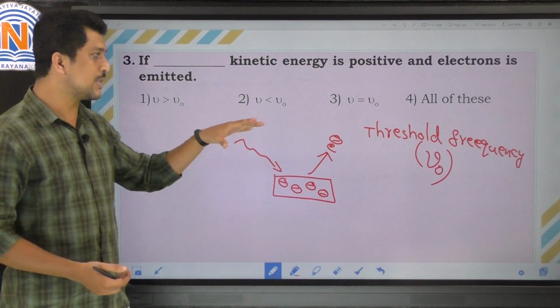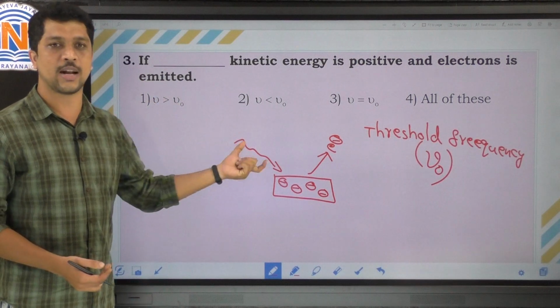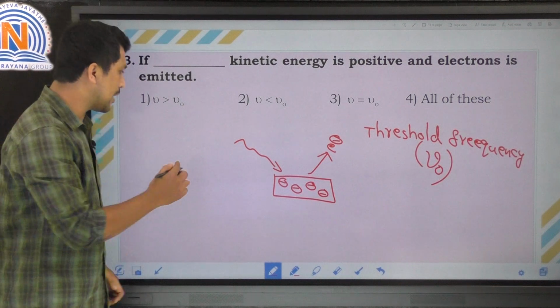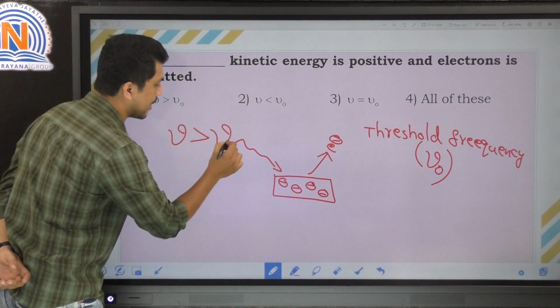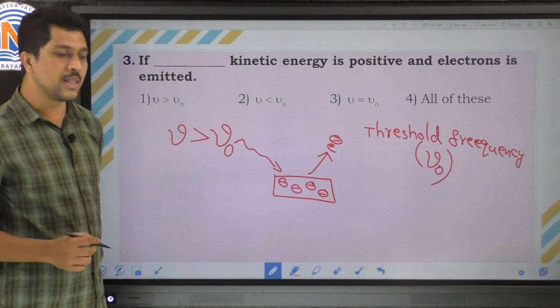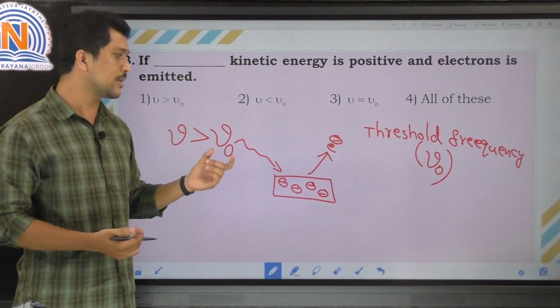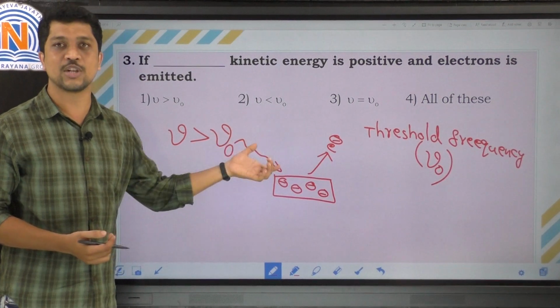So whenever this threshold frequency is less than the frequency of the light, then the kinetic energy is positive. So the rule will be nu greater than nu 0. Right? In this case only the kinetic energy will be positive, because here the beam of light frequency is higher than the threshold frequency.